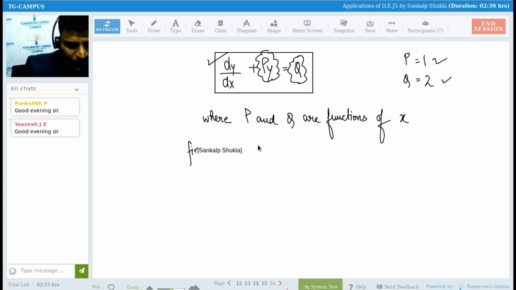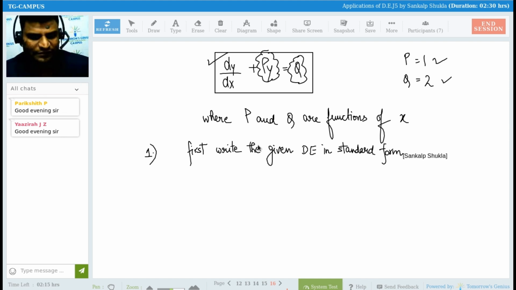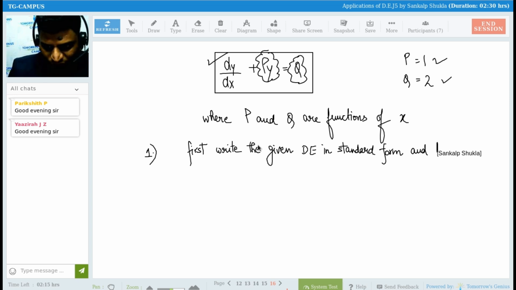So the first step is to write the given differential equation in standard form and find P and Q from comparing. Please note it down, guys, those who were absent yesterday.